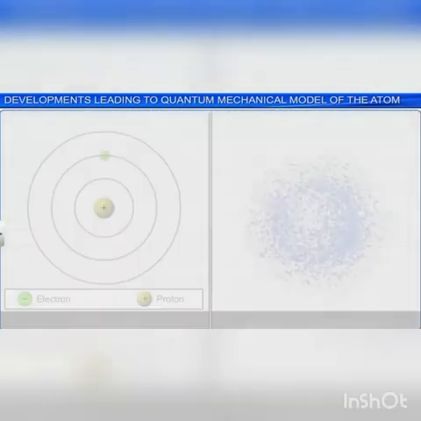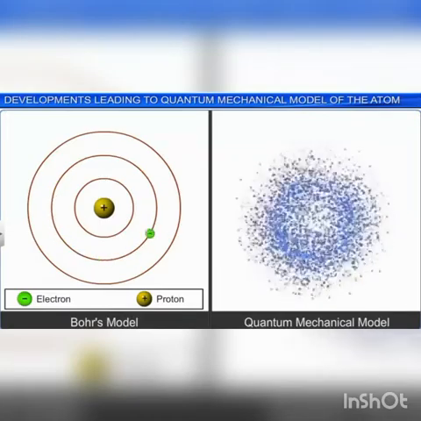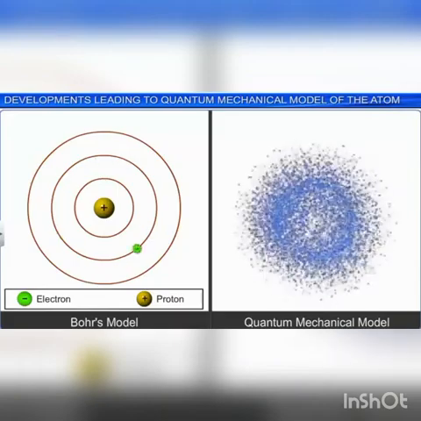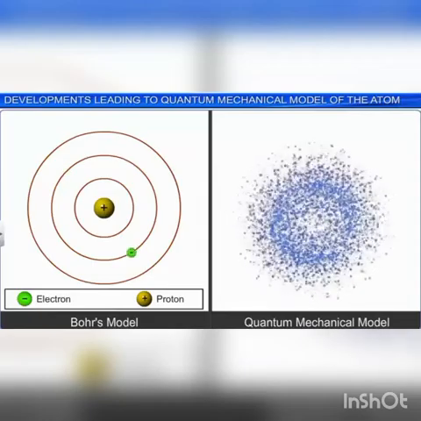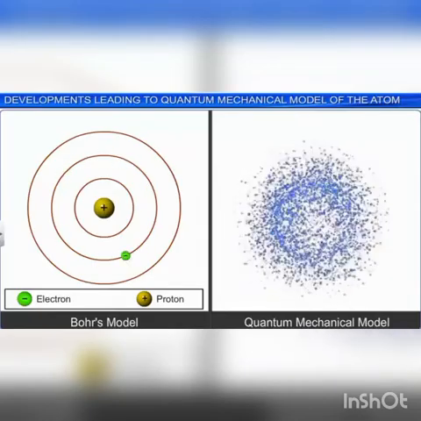Due to these inherent weaknesses in Bohr's model, a need for an atomic model arose which could account not only for the dual nature of electrons, but also be consistent with the Heisenberg uncertainty principle. This search led to the advent of quantum mechanics.